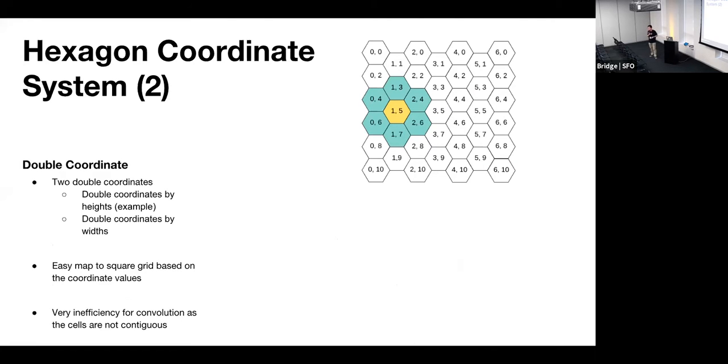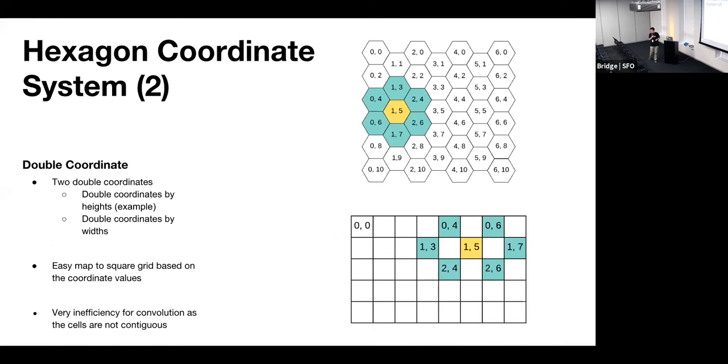Another coordinate system is called the double coordinate. I'm not going to get into all the details, but the rough idea is that for each Hexagon, we use two numbers or two axes to represent it. Theoretically, it's easy to map to a square grid matrix, right?